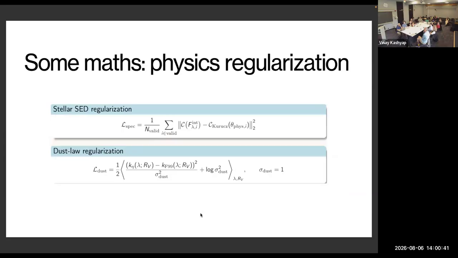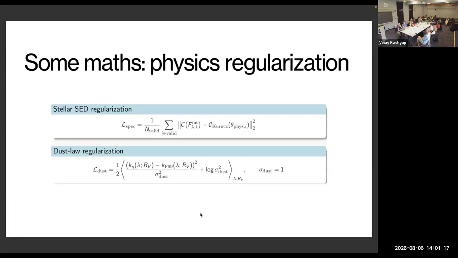So back into talking about the physics of things, you want to be able to regularize. There's serious information in what the synthetic templates tell you, particularly about line lists, which might not be available from the low resolution spectroscopy or photometry that might be reliable. So you can regularize against, assuming that this is some sort of prior understanding of what the SED looks like.